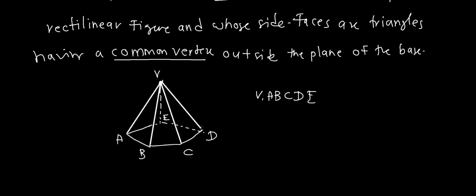So this is a rectilinear figure. It's a pentagon, meaning 5 sides: 1, 2, 3, 4, 5.